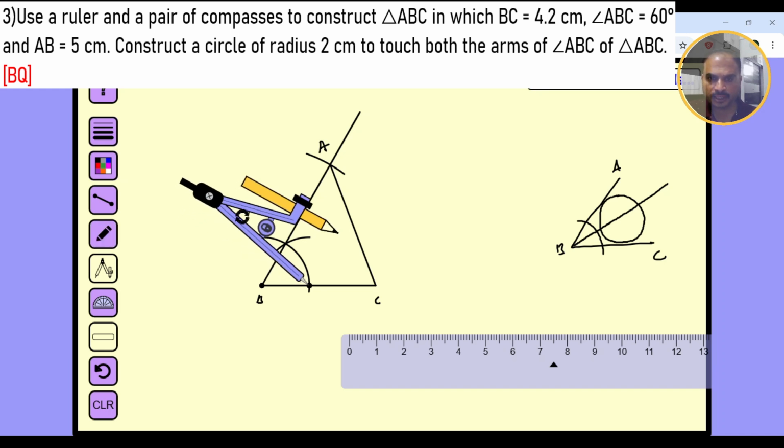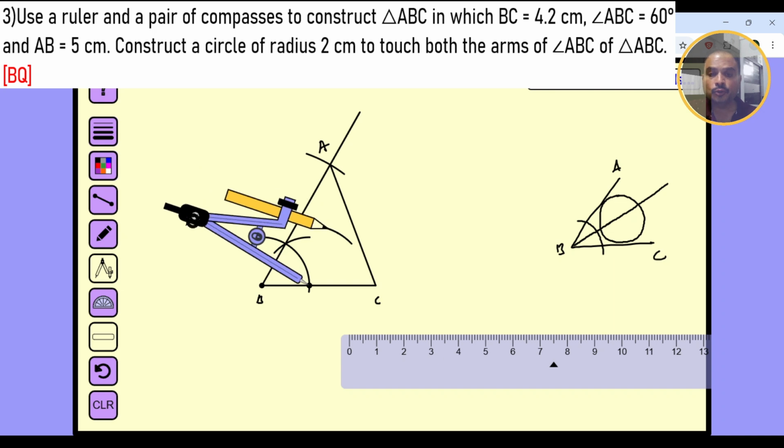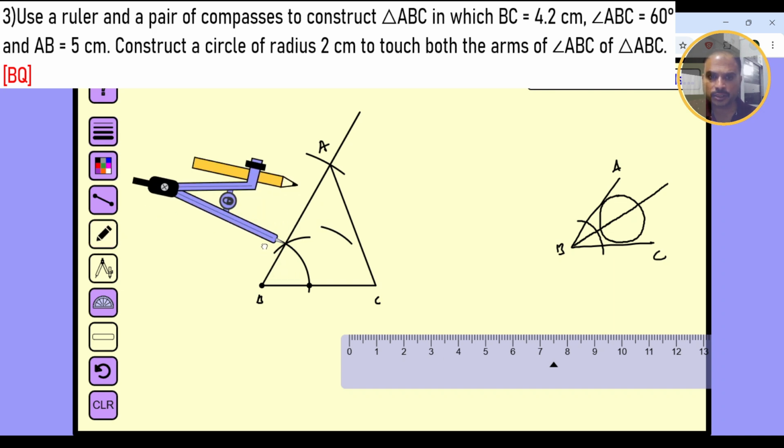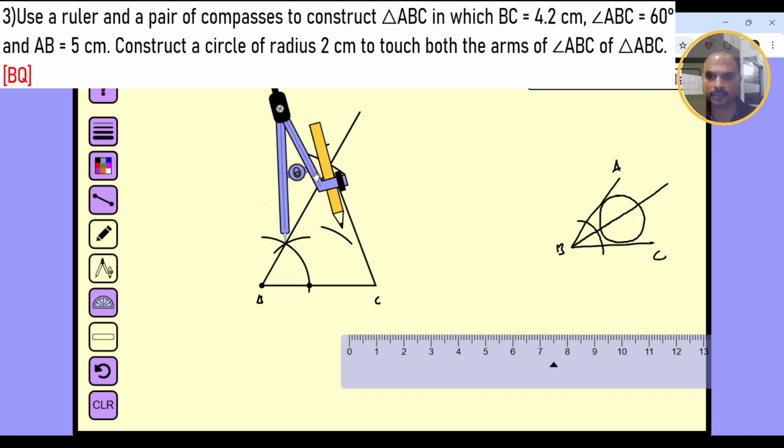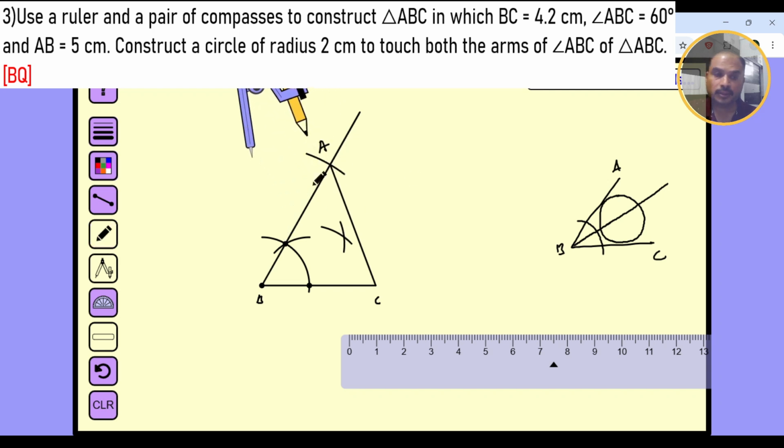Understand it very carefully, children. It's better to do along with me, so that you can understand and you have the hands-on experiment. So now this is the required line.